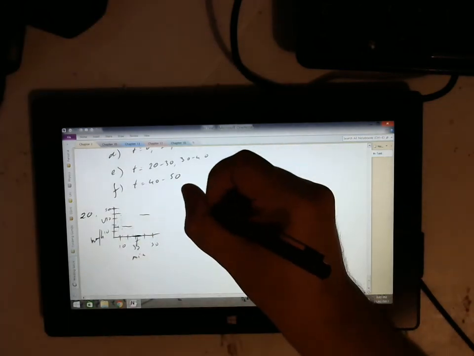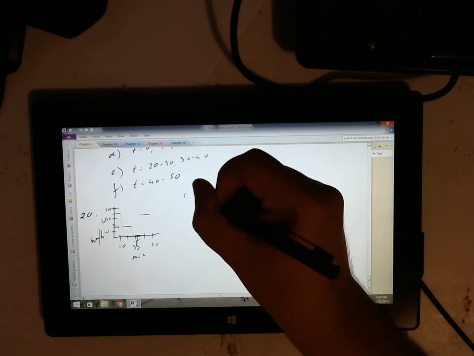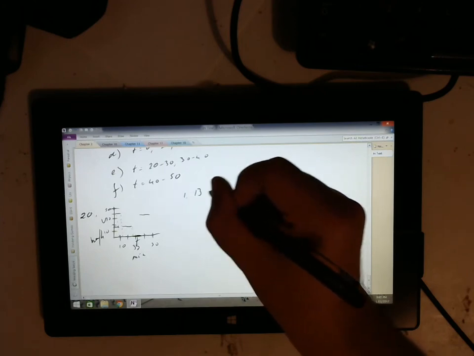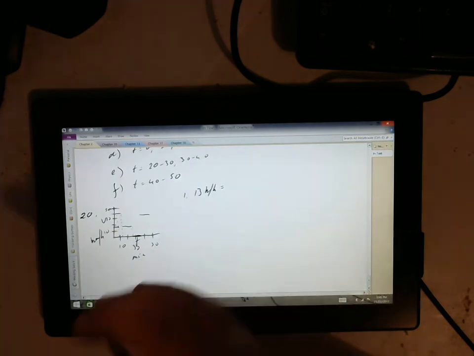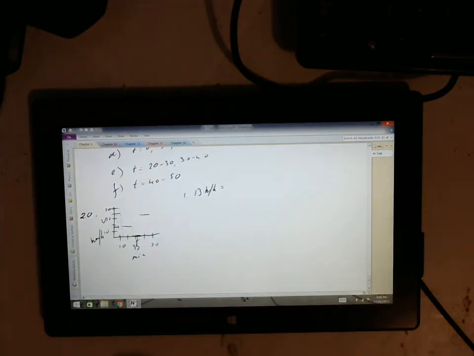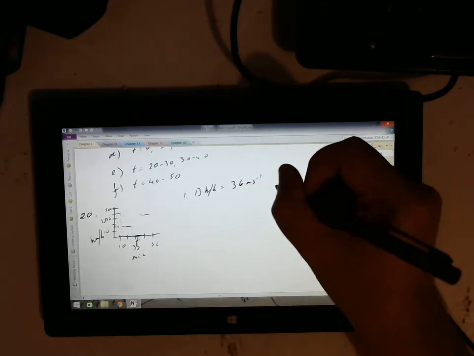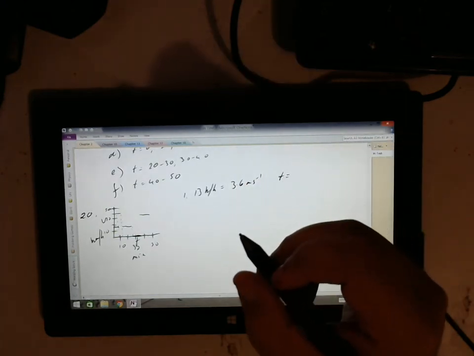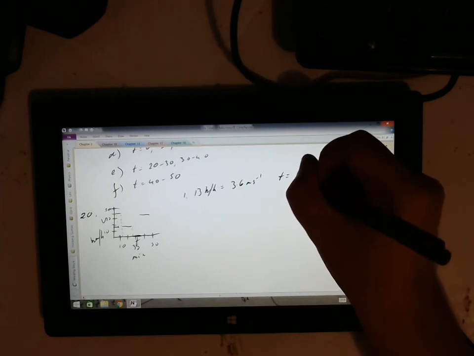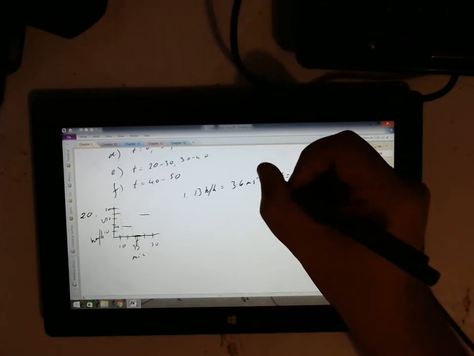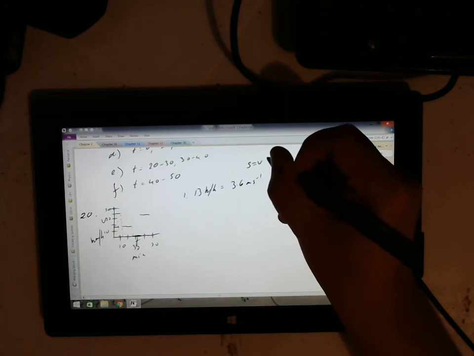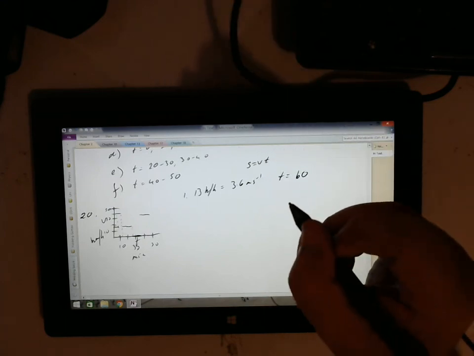So let's do stage 1: we had 13 k per hour, which equals 3.6 meters per second. And we had a time of 10 minutes, which is 600 seconds. Let's look at our equation. Displacement equals velocity times time. I hope you can see how I rearranged that.